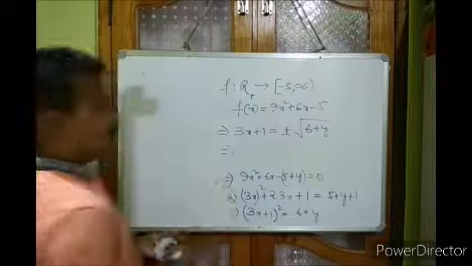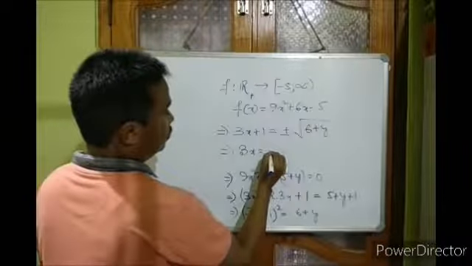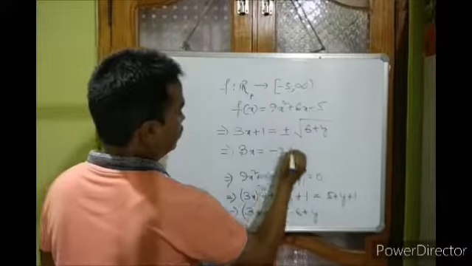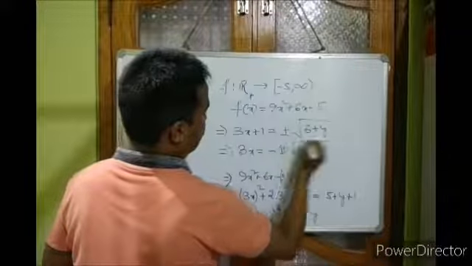So this implies 3x is equal to minus 1 plus minus root over 6 plus y.